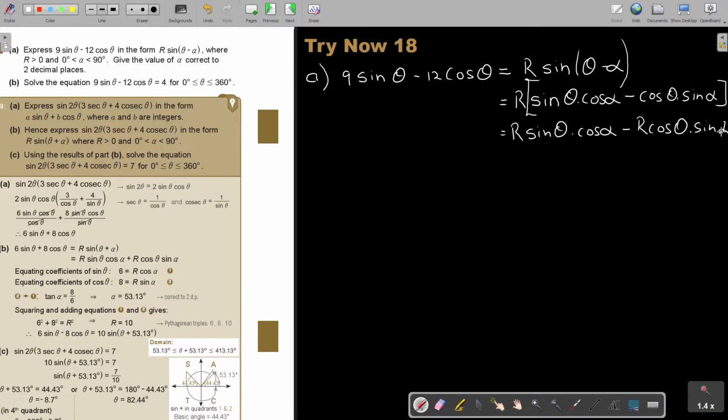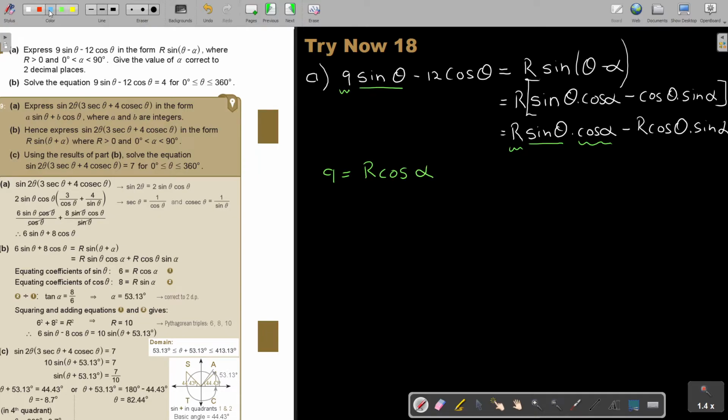Okay, now I'm going to do the equating. So if I'm going to equate, there is my sin theta. So therefore, this is what I'm going to equate. So therefore, I'm going to say 9 is equal to R cos alpha.